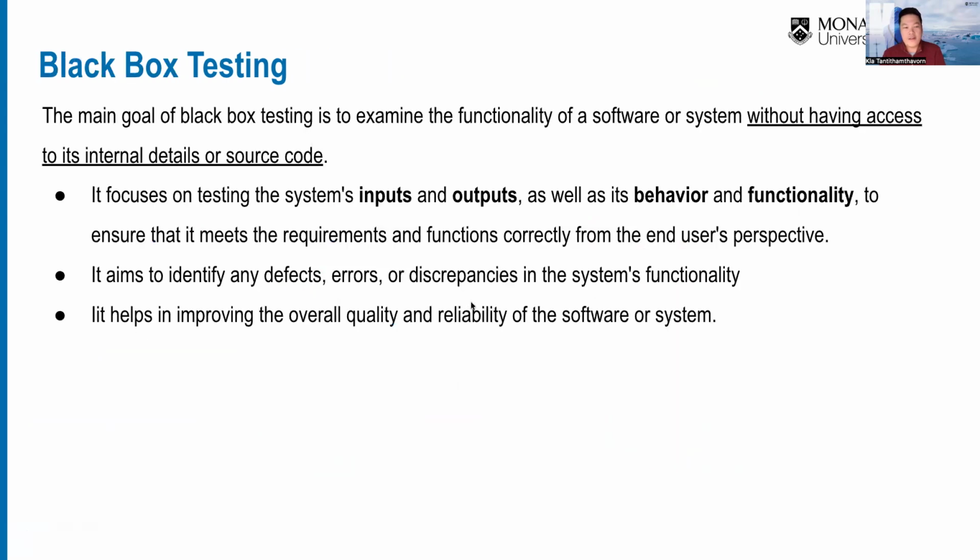It doesn't mean that one is better than the other. As I told you, with black box we're going to test the functionality of the software, system, or application without having access to the source code at all. You need to think about the behavior of the application or software: what would be the test input, and what would be the expected output.